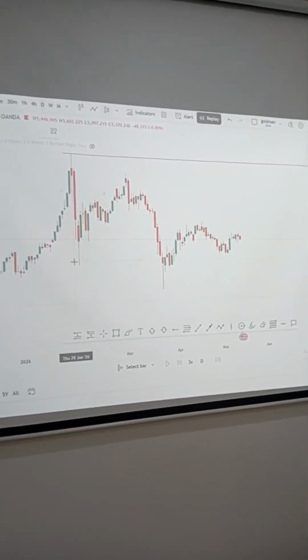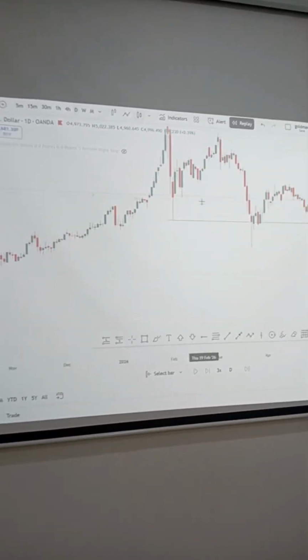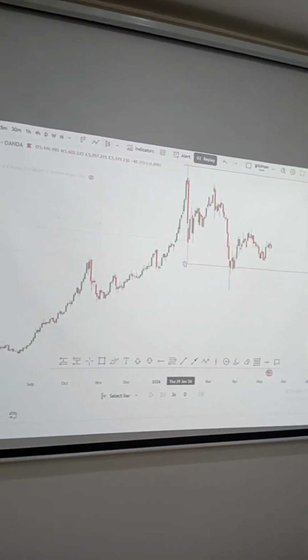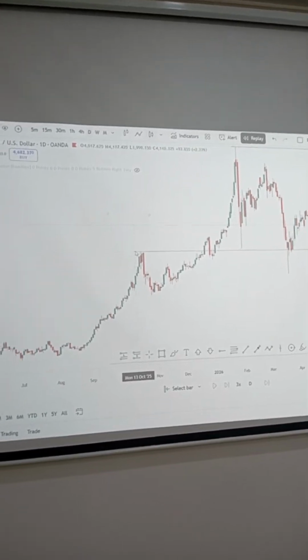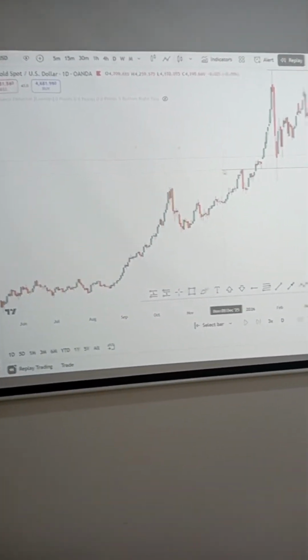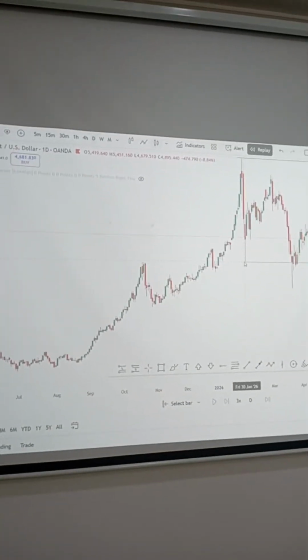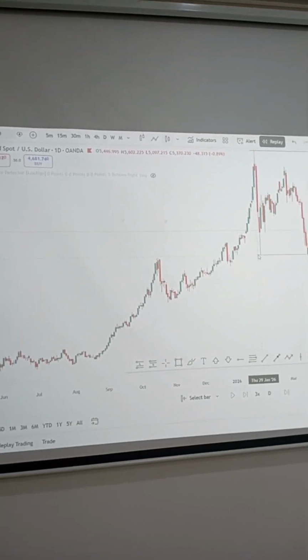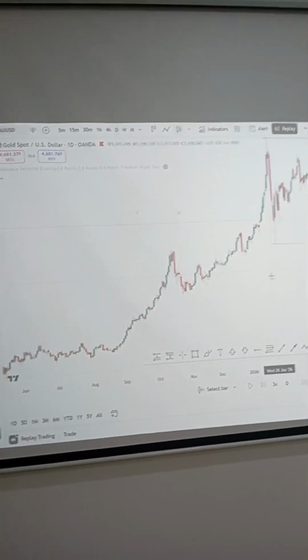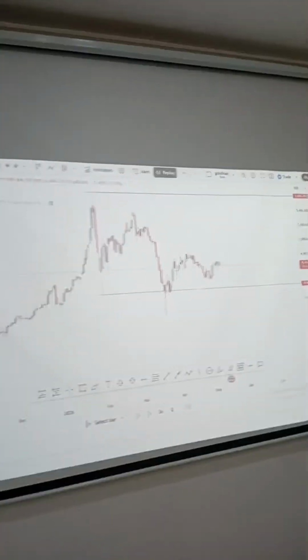We can definitely see a level here. Of course, this level, from here, we can see that level here.